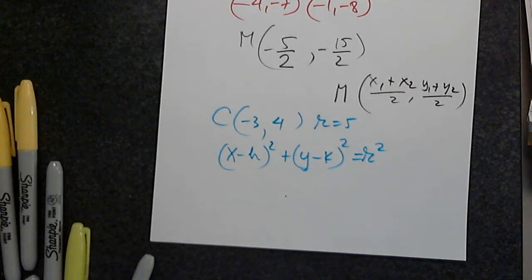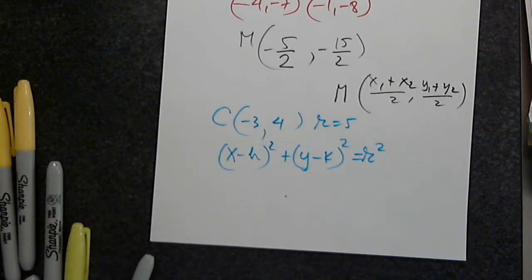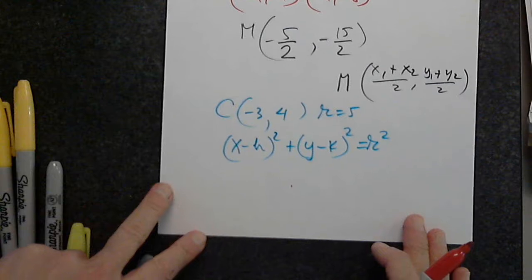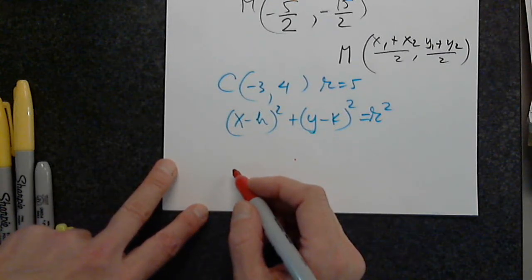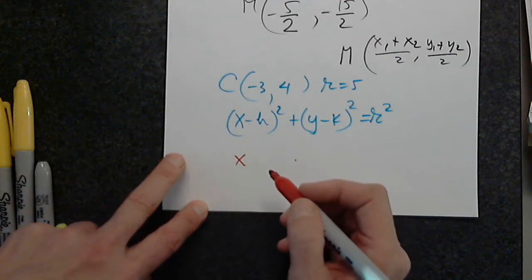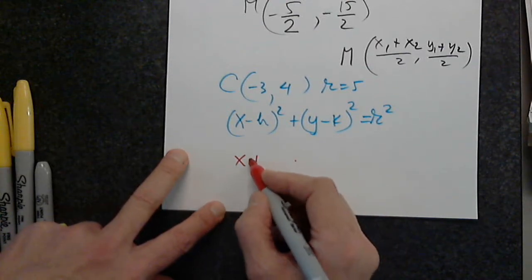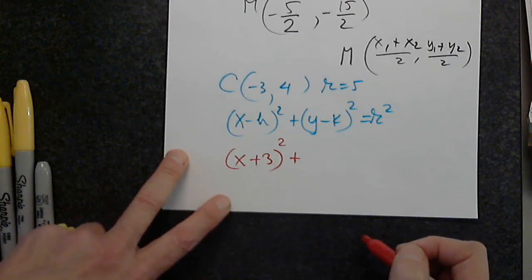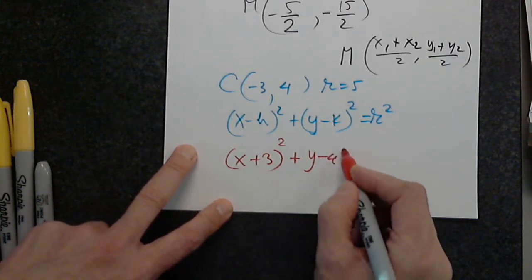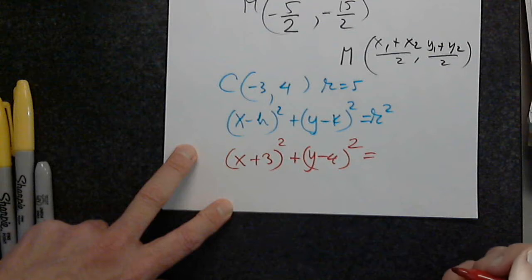Okay, so can anyone dictate how to write the equation of this circle? Very good, squared, awesome, plus. Awesome, thank you both, equals.